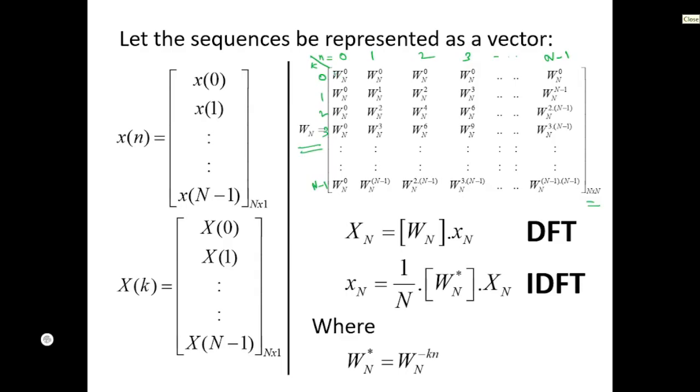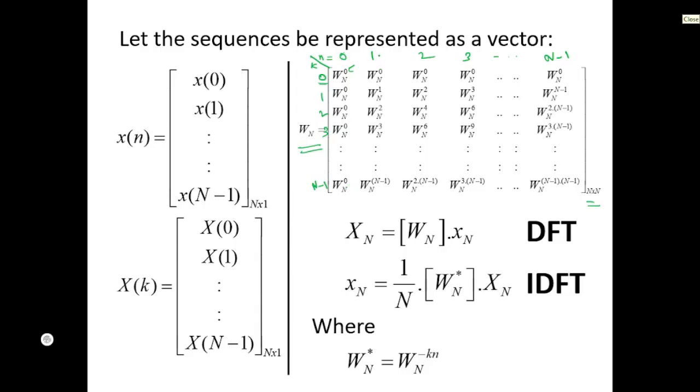So W_N you will put everywhere, and now you will start multiplying 0 multiplied by 0 is 0. Since this row is 0, everything will be 0. This column is 0, everything is 0. You are getting my point?